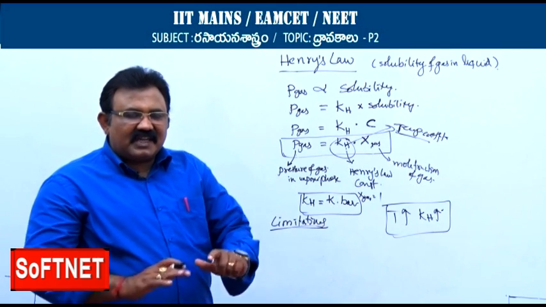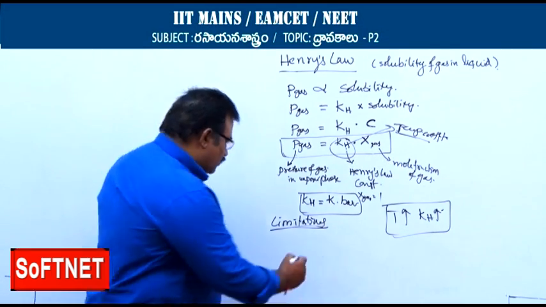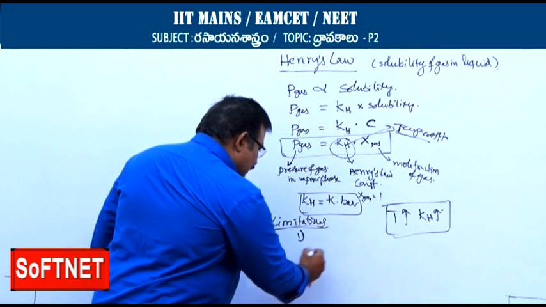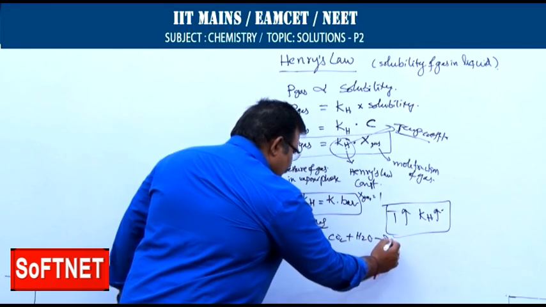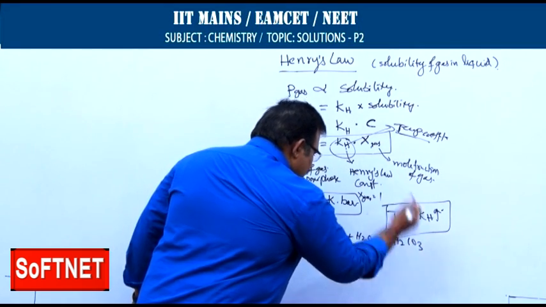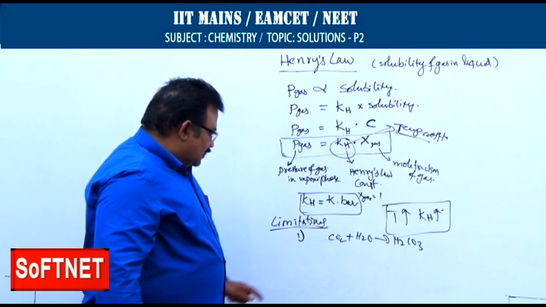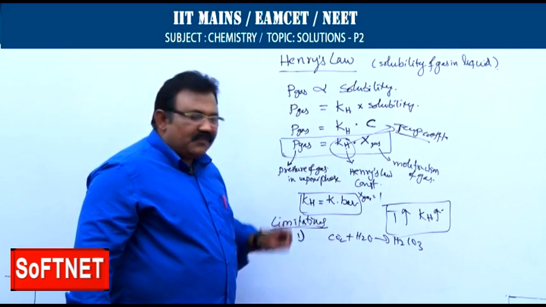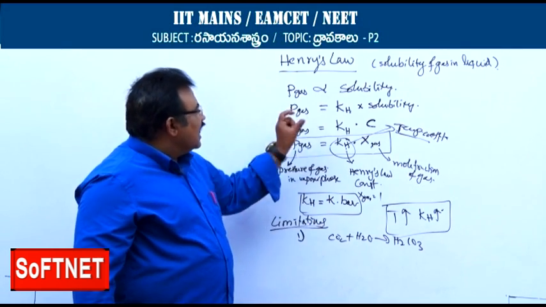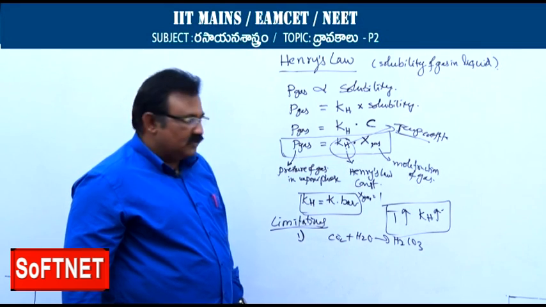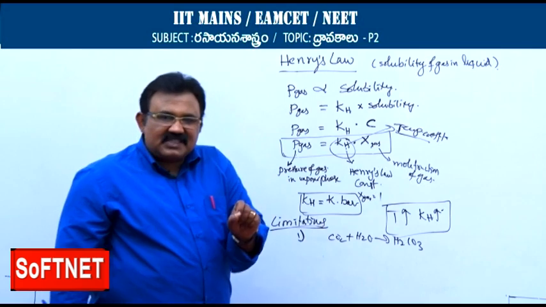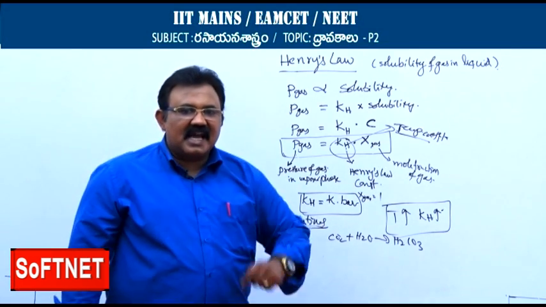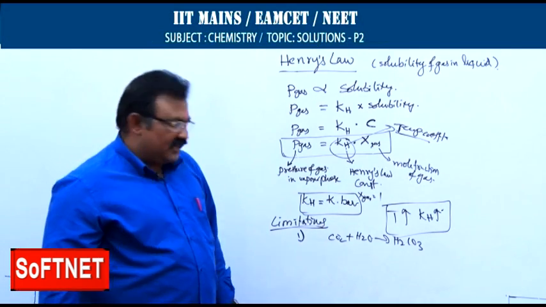If the gas reacts with the solvent, for example carbon dioxide passed into water forms carbonic acid, Henry's law doesn't account for that kind of solution. So, Henry's law is limited to gases which do not react with the corresponding solvent.